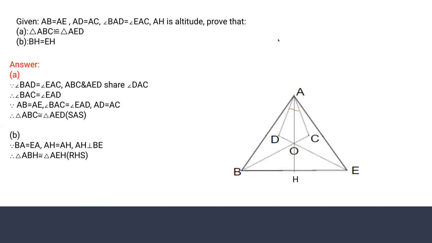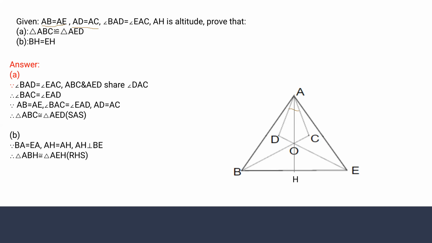Then the problem description gave that AB equals AE, AD equals AC. So this is SAS. In this way, we can prove ABC is congruent with AED because of SAS.